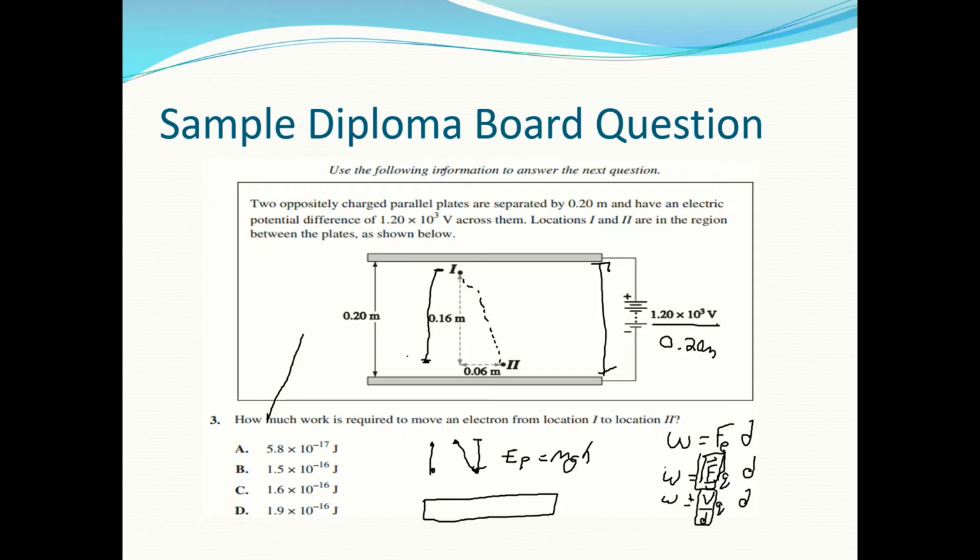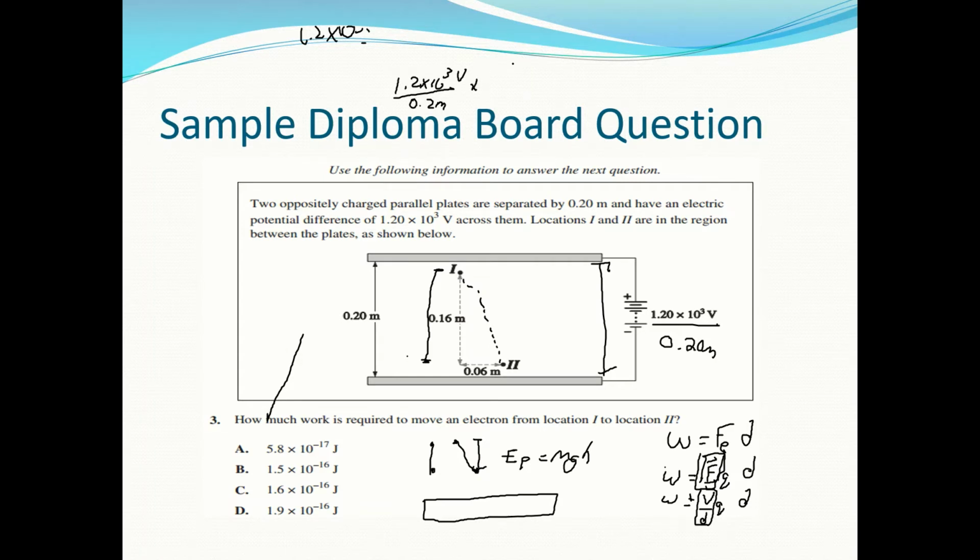So in doing this question, I'm just going to move up top here. So our voltage is 1.2 times 10 to the 3 volts, and the distance across the whole plate is 0.2 meters, right?